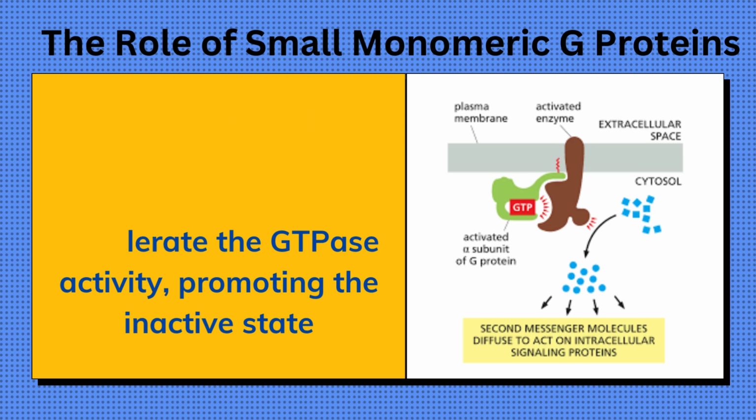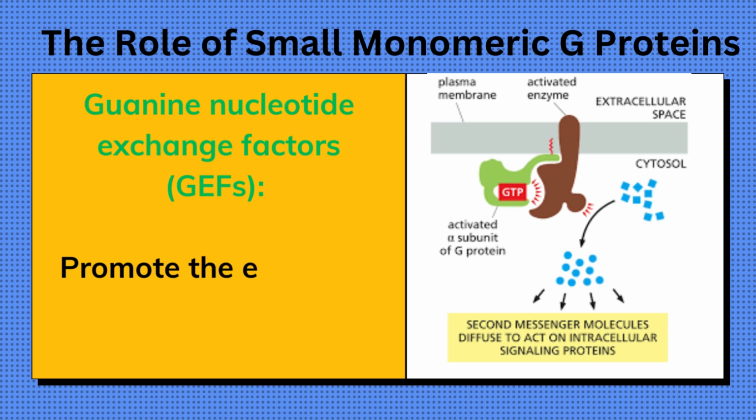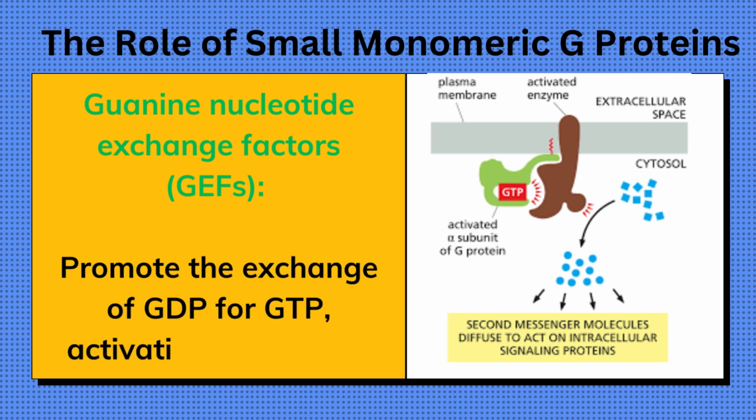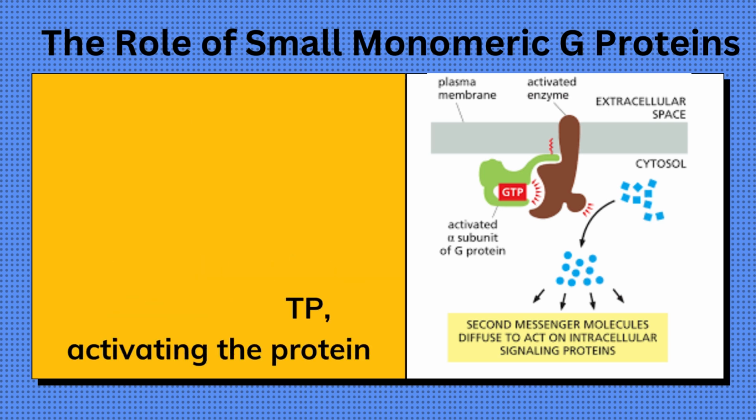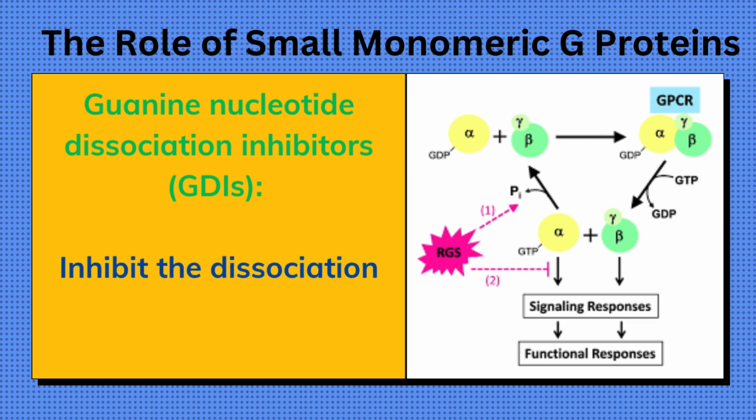Guanine nucleotide exchange factors, GEFs, promote the exchange of GDP for GTP, activating the protein. Guanine nucleotide dissociation inhibitors, GDIs, inhibit the dissociation of GDP, maintaining the inactive state.